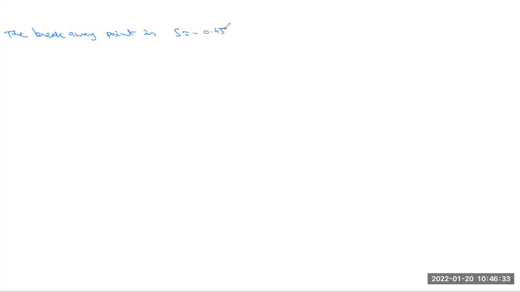So this is the breakaway point in the valid region.